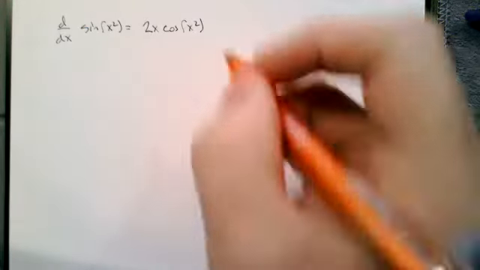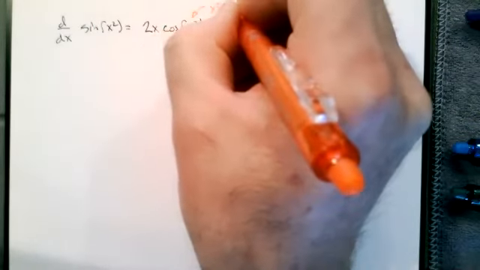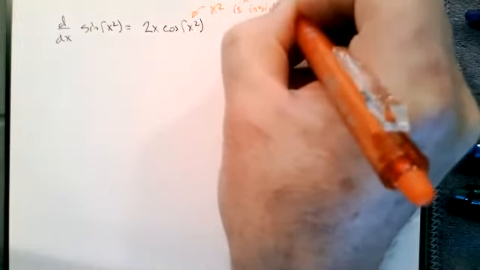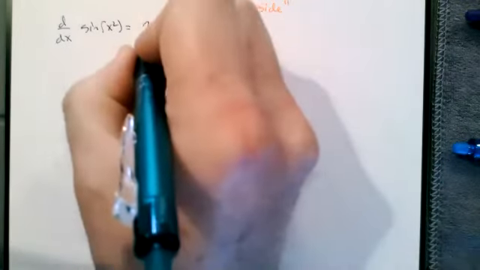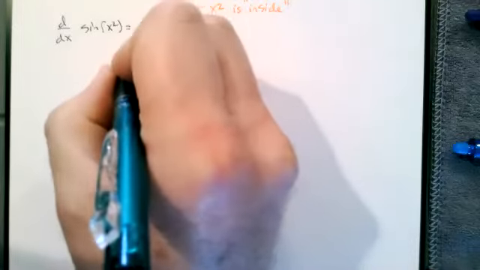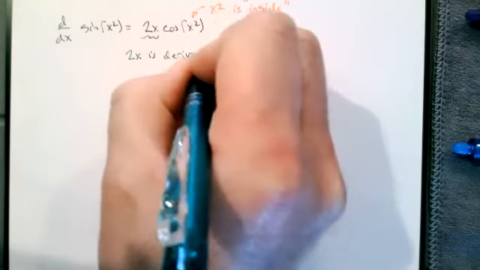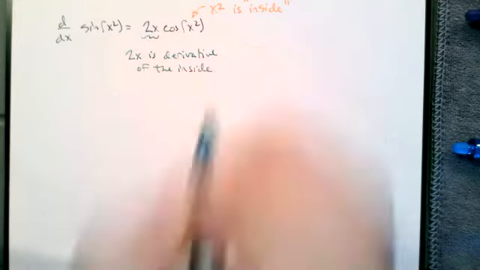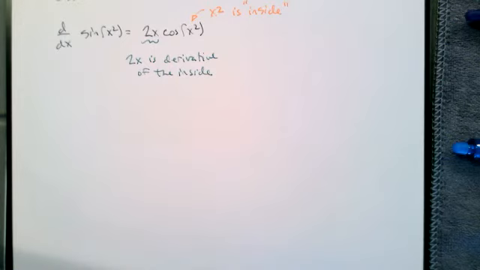We want to read this as x squared is the inside function.